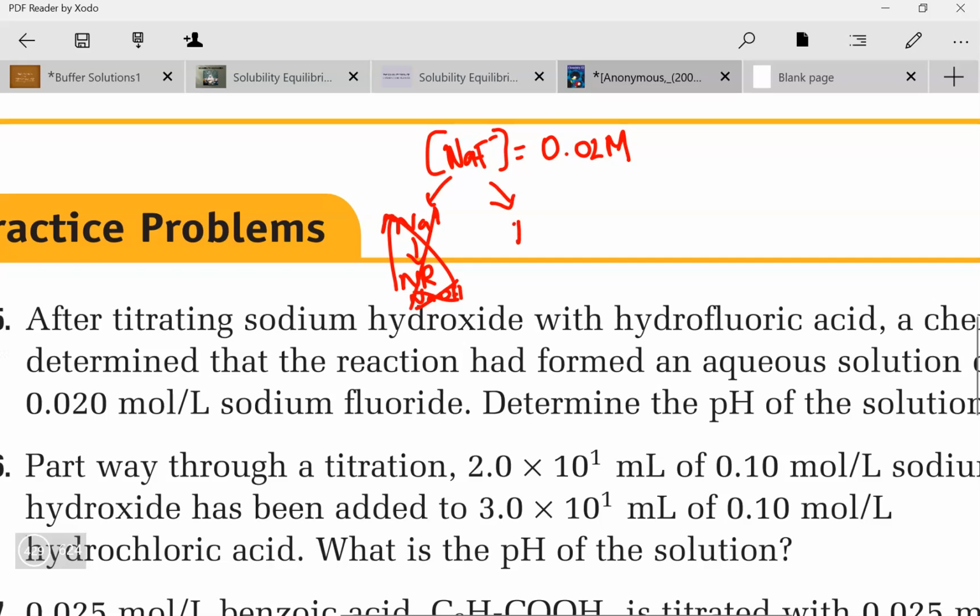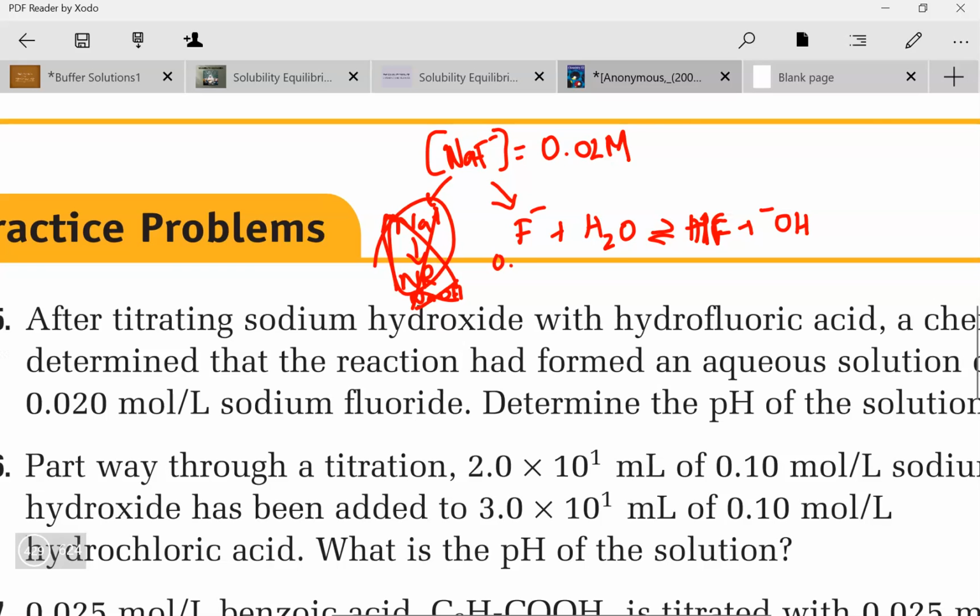And then its other side is F minus plus water, giving you HF plus OH minus. Right? F minus is a weak base in water. And here, this is possible because HF is a possible product. So this will be an equilibrium that is set up in the solution, albeit it lies heavily towards the reactants, but not as much as the Na plus equilibrium.